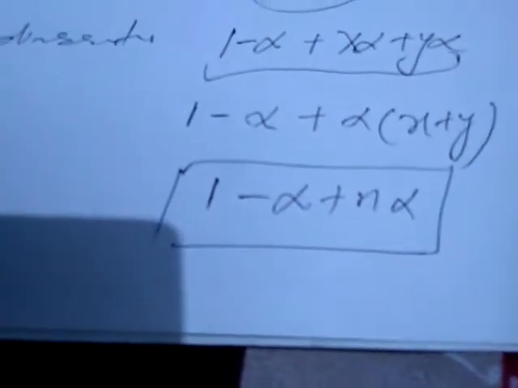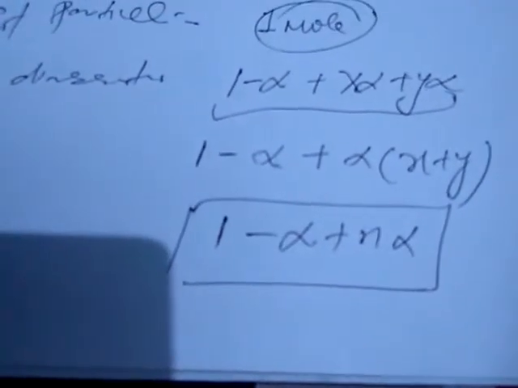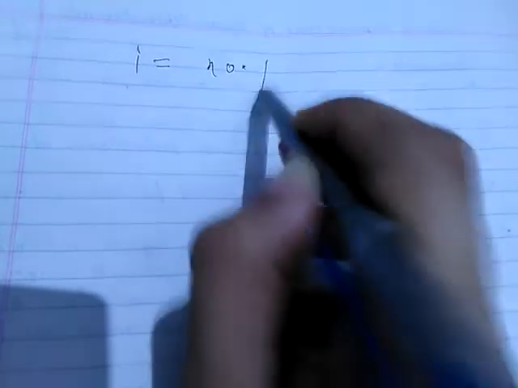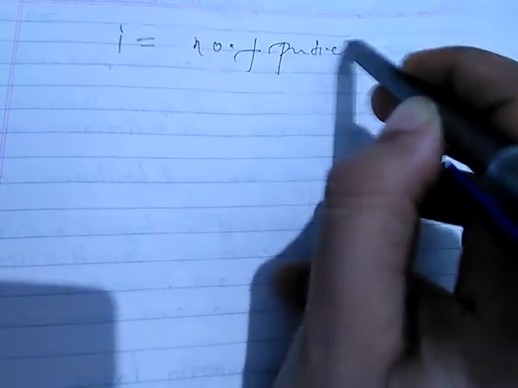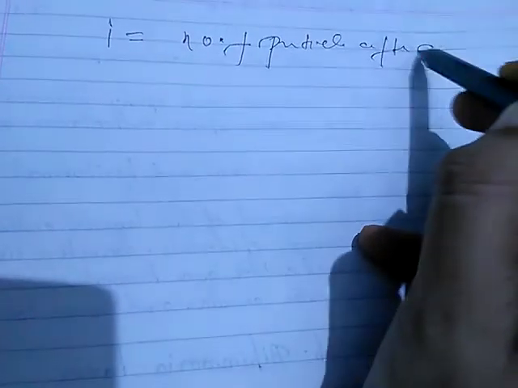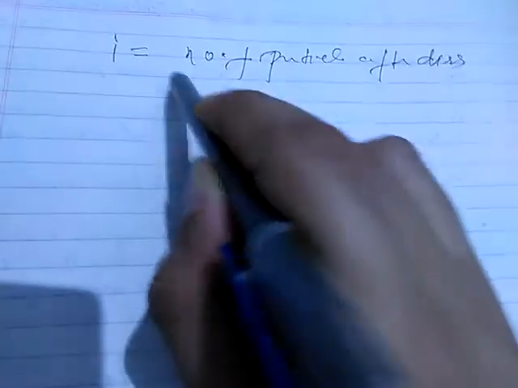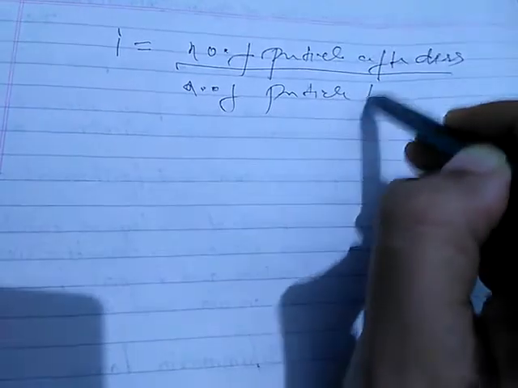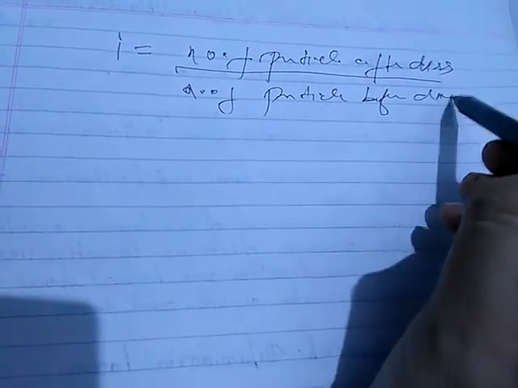Now we will apply this on the expression of Van 't Hoff factor which we have seen before. What was that expression? Van 't Hoff factor is equal to number of particles after dissociation by number of particles before dissociation.